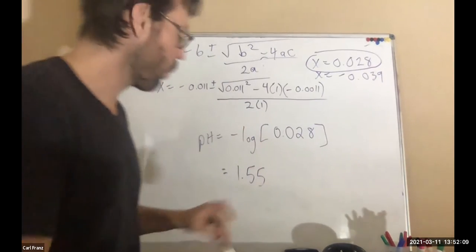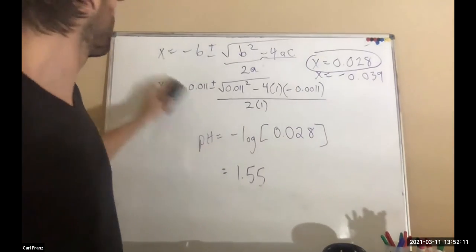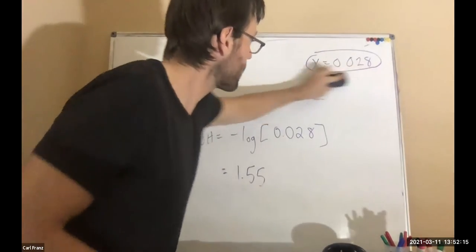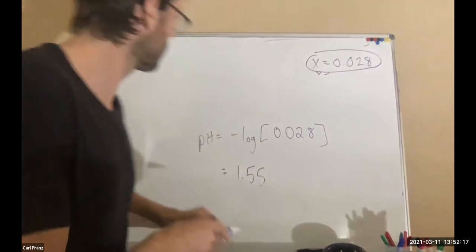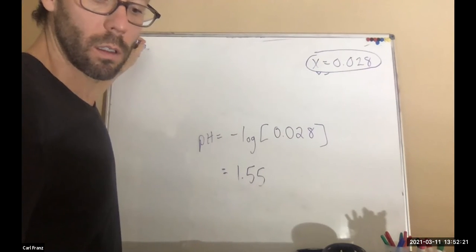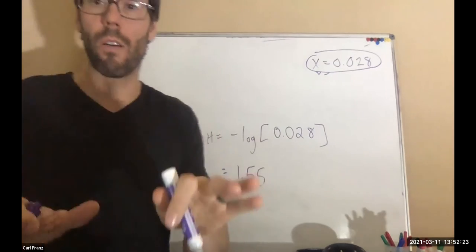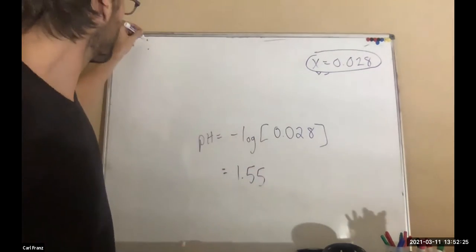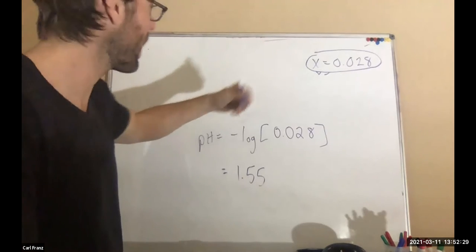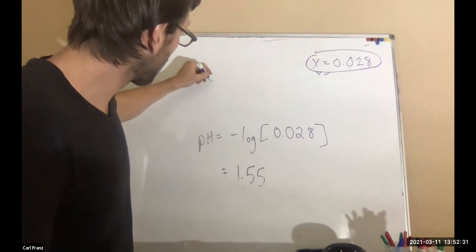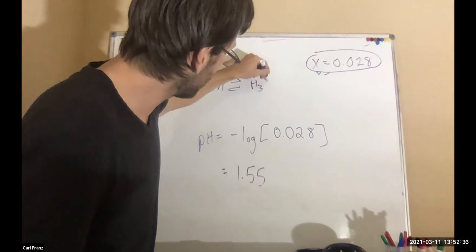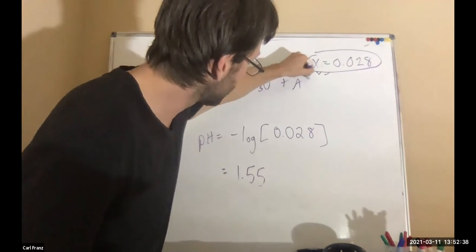So we could say that, what was the Ka again? Oh, I guess we got to solve for the Ka. So never mind. So we could say that it was when we had our, sorry, I erased it, but we had our acid, and that leads to hydronium and this.